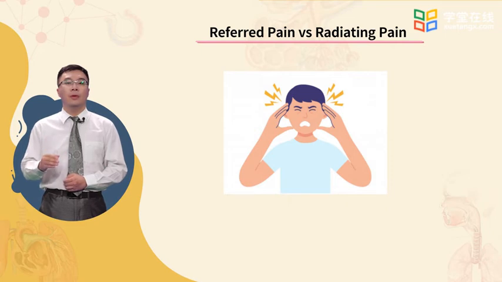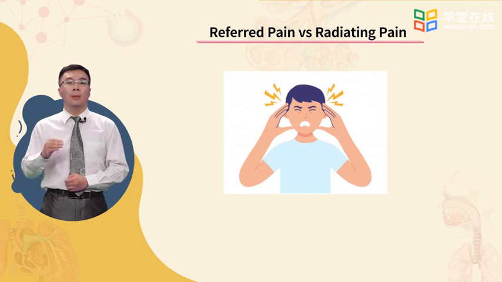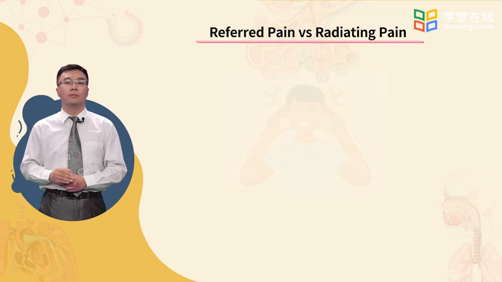One more thing about referred pain, and that is the difference between referred pain and radiating pain. If a patient has a headache and the headache goes down to his neck, we will call that radiating pain, or more specifically, headache radiating to the neck.